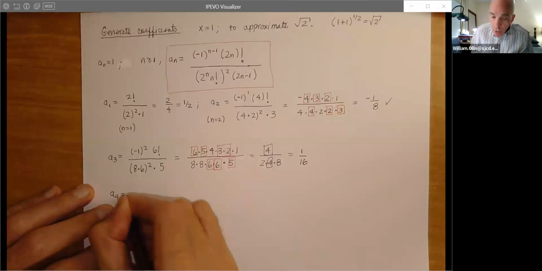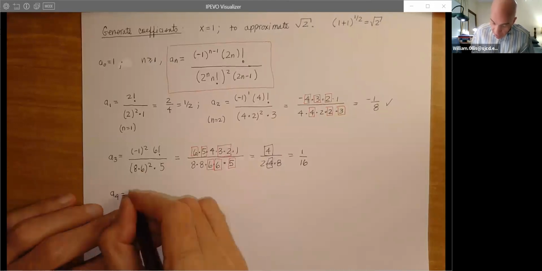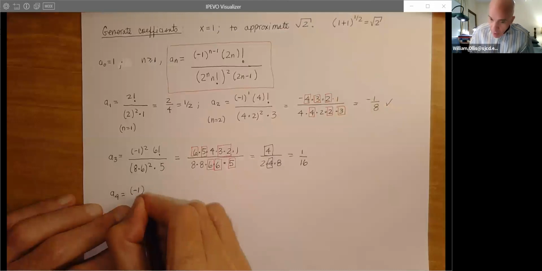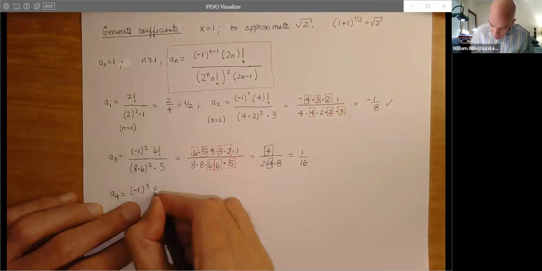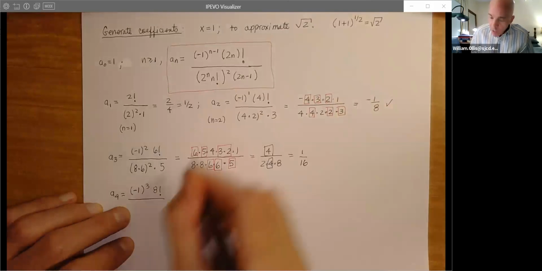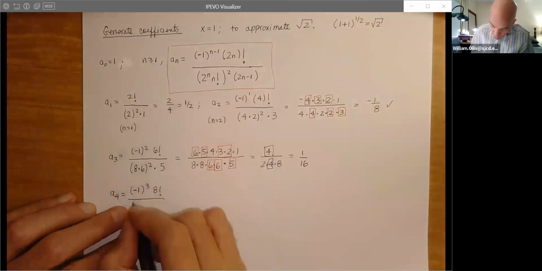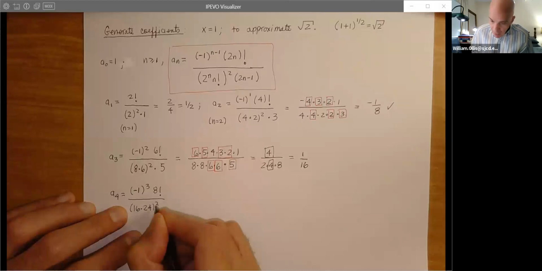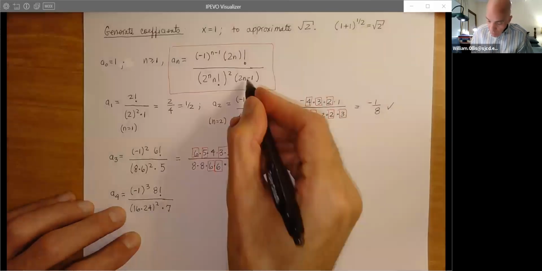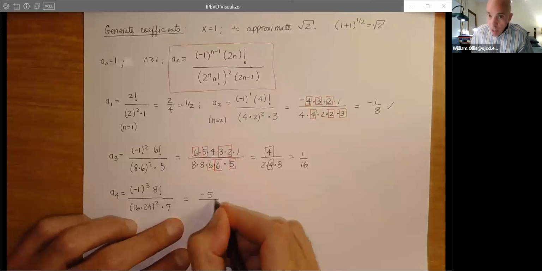A sub 4, and you can verify this. This is going to be a negative 1 to the 3rd, and you get an 8 factorial, 2 times 4, and then you get a 16 times a 4 factorial, which is 24. In this case, times a 7, 8 minus 1. And in this case, I got a negative 5 over 128, you can verify this.